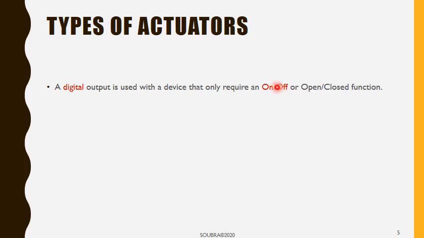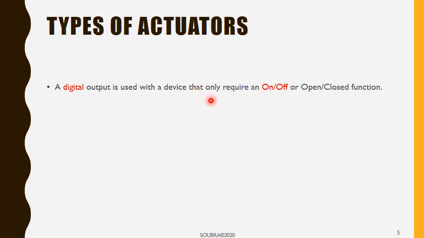You can think of a LED as an example. So when you apply a digital 1 to a LED, it will light up, and if you drive the pin low, it will turn off.